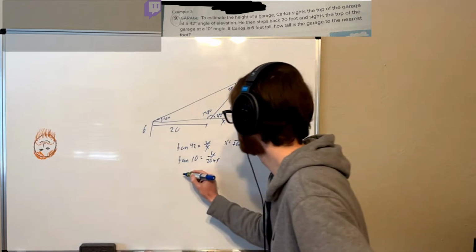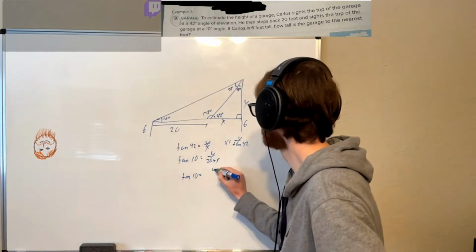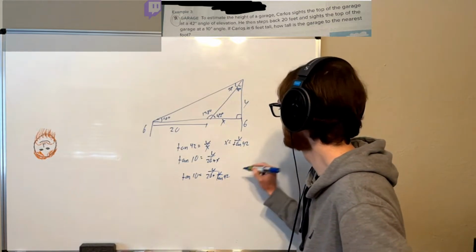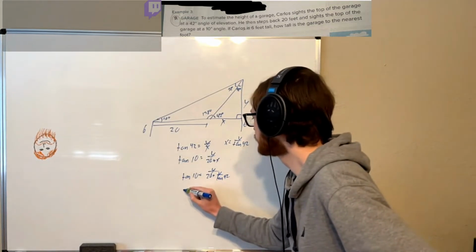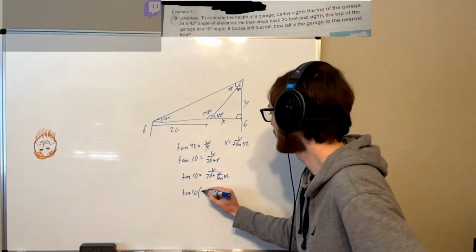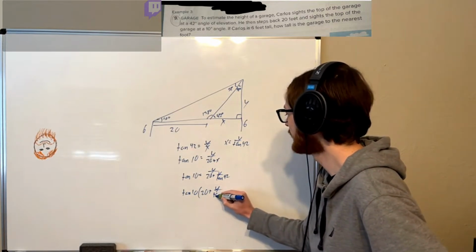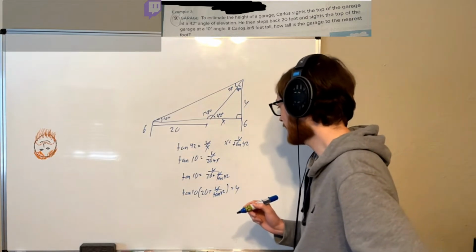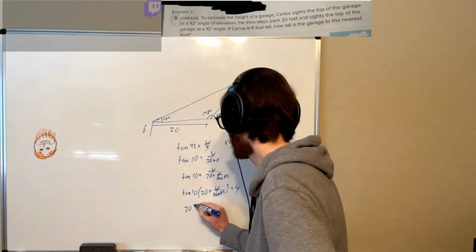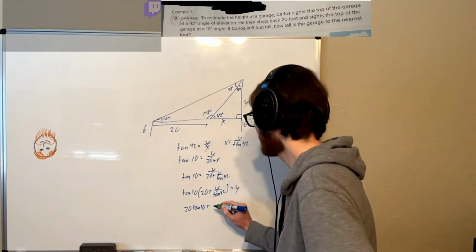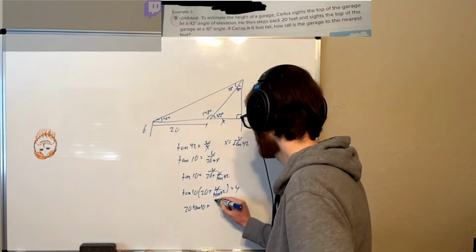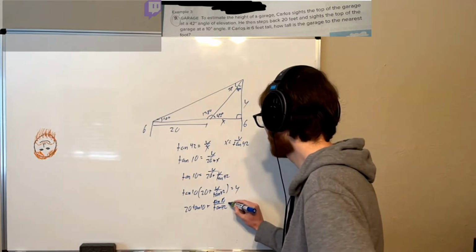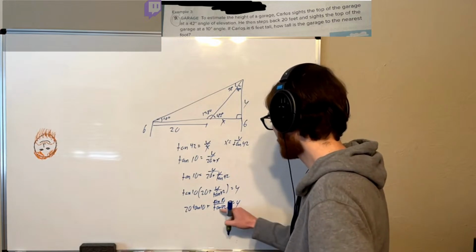So let's plug that in here. 20 plus y over tan 42 is equal to y. Okay. 20 tan 10 plus tan 10 over tan 42 y equals y.